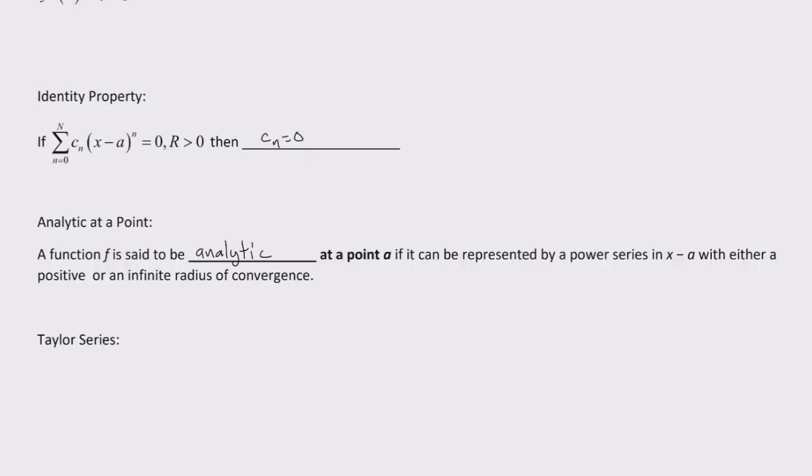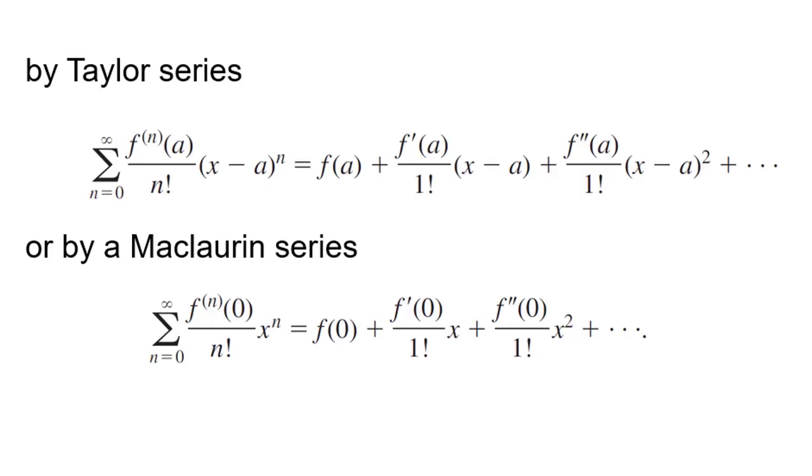The two classic examples of this would be the Taylor series and the Maclaurin series. The Taylor series is a power series centered around a, whereas the Maclaurin series is centered around 0. It does not mean it equals 0, it's just f of 0, f prime of 0, as opposed to f of a, f prime of a, etc.